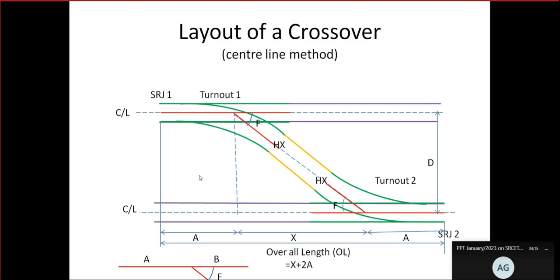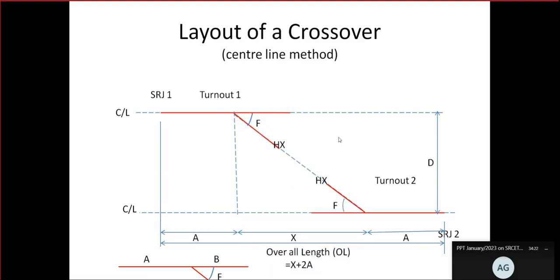Here in that case, we are removing all the gauge lines. Now it is very simple. So we only have the two central lines of the two tracks and the crossover lines, forming some triangle. Now the sketch is very simple, and from there you will be able to find the required distances.